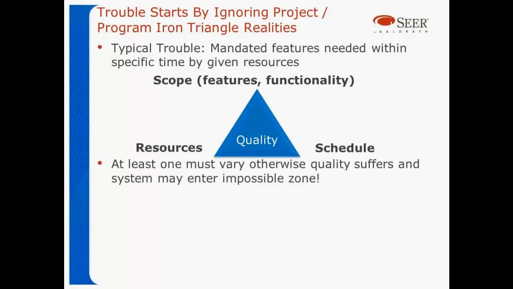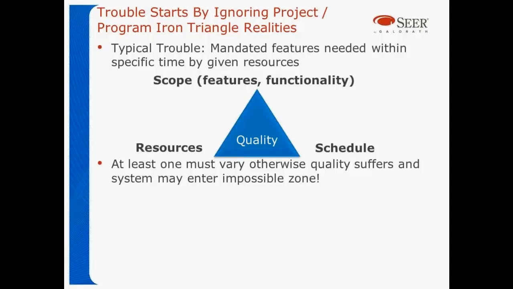Here's part of the issue. Mandated features: you've got to have these 100 features or whatever it is. They're needed within the time that's given. It's got to be by October of 2013. And here are the resources, here's your budget. Given all those things, something's got to give. There's a thing called the iron triangle that's talked about in project management.